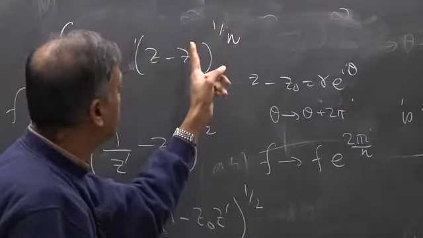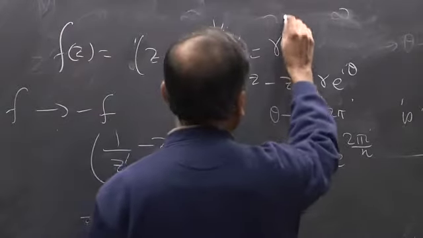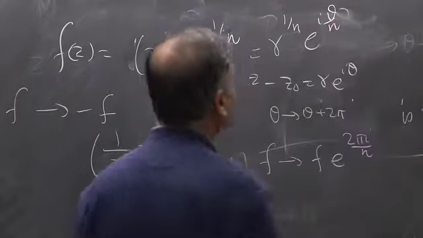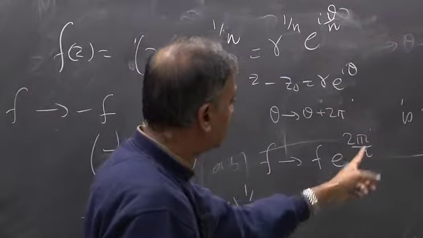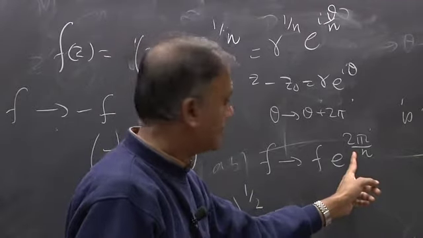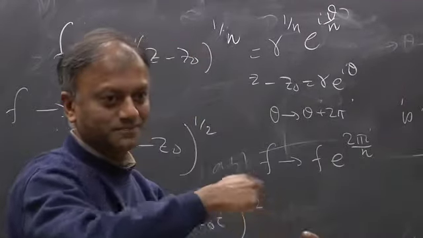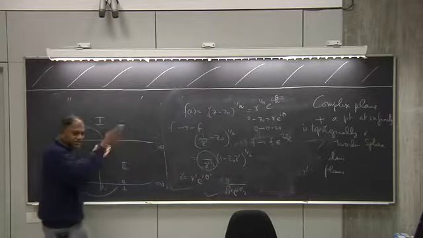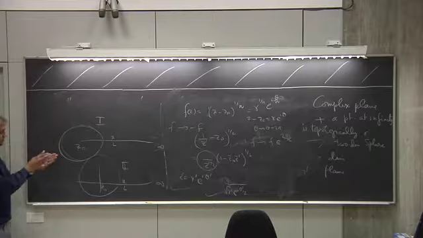This is r e to the I theta, so this is the same as r to the 1 over n e to the I theta divided by n. So when you shift theta to theta plus 2 pi, f will pick up this phase, e to the 2 pi I over n. So you need to go n times around to come back to its original value. So you will need to put n sheets, and it will be successive.